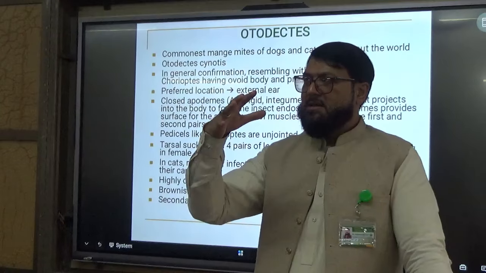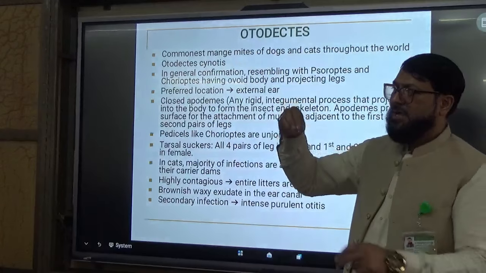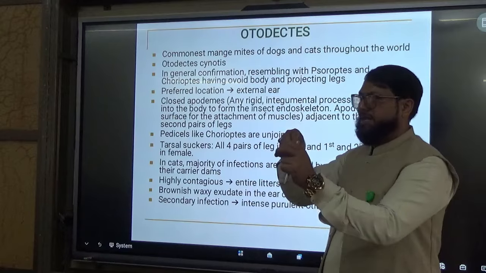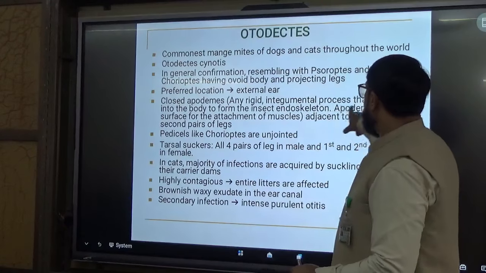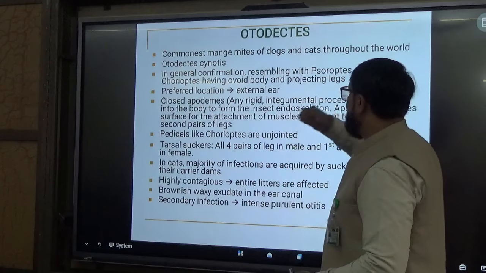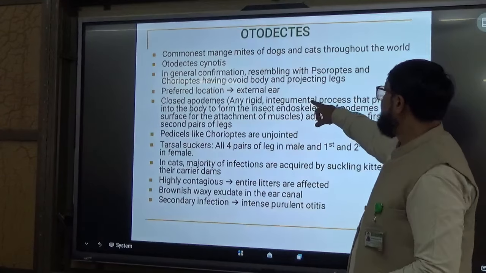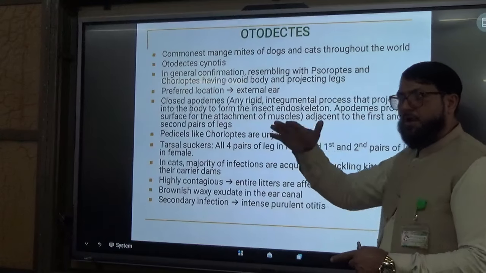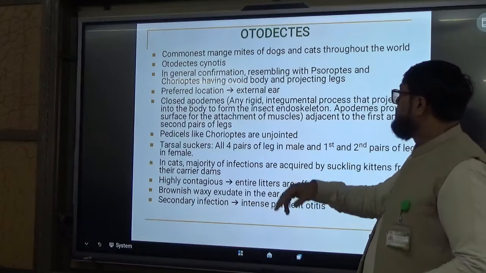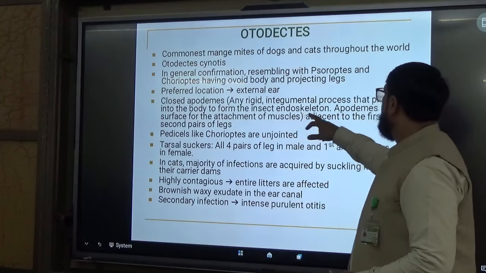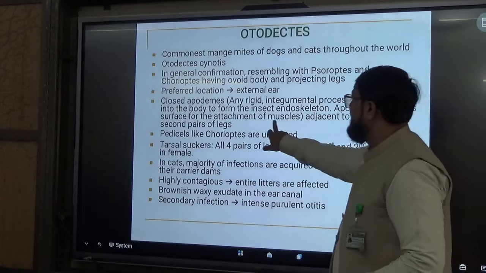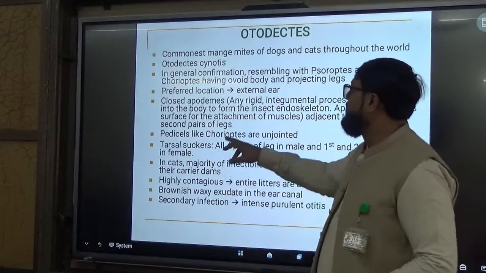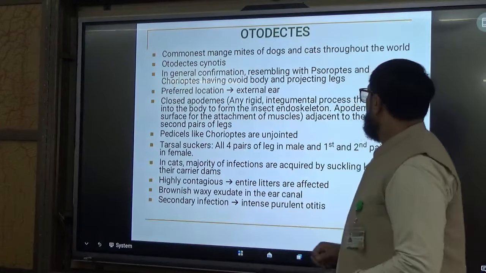So in the exoskeleton, there are certain points which are embedded deep, on which muscular things are attached. Those embedded things are actually rigid integumental processes. They project into the body from the outside, because the skeleton is outside. Various structures can be attached to them, like the attachment of muscles. Those projected structures are called apodemes.